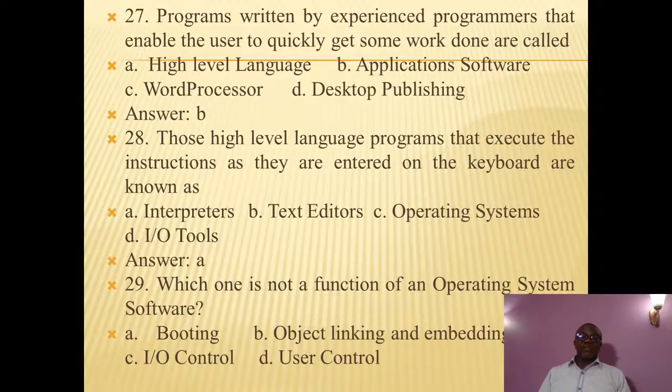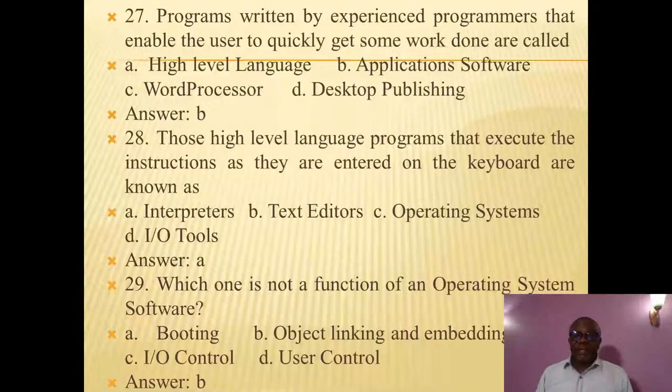And of course, if you have a multi-user system, the operating system like Linux helps you to operate and control users. So our answer there becomes B. The operating system doesn't do object linking and embedding, OLE.